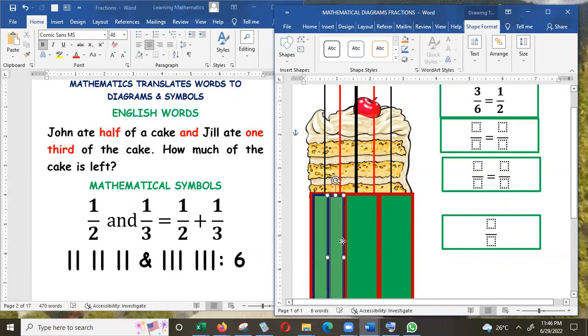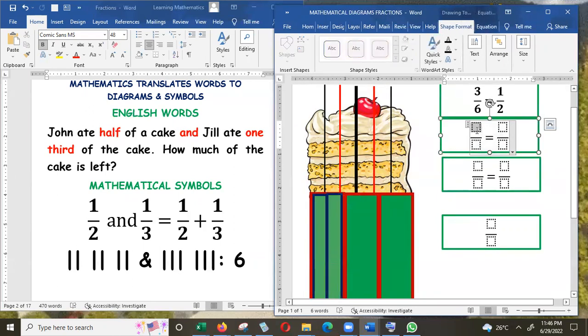Okay, so 1/3 is the same as 2/6. There it is. Okay, 1/3 is the same as 2/6. Let's take a note of that. 2 out of 6 is equal to 1 out of 3.